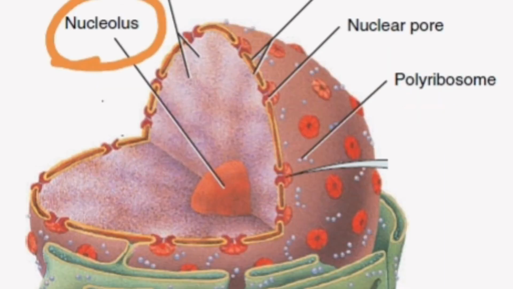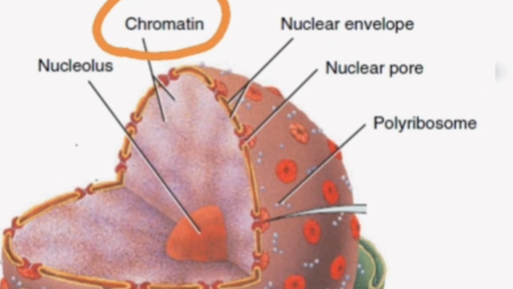Next, inside the nucleus there are some spherical bodies known as nucleolus, otherwise nucleoli. The singular is nucleolus. Usually, one or more spherical bodies are present. Within the nucleus are most of the cell's hereditary units called genes, which control all the cellular activities.